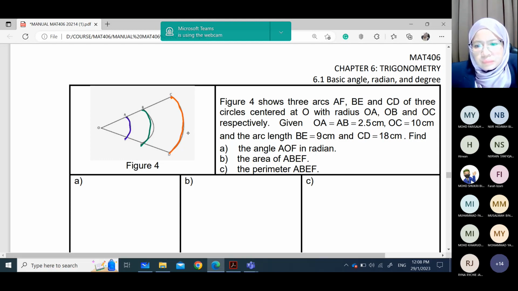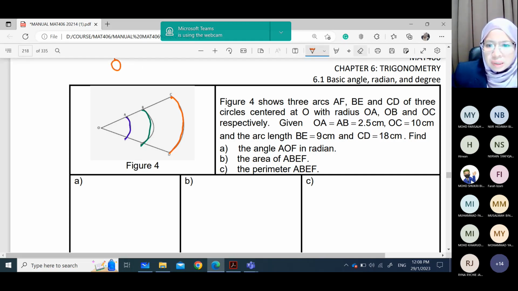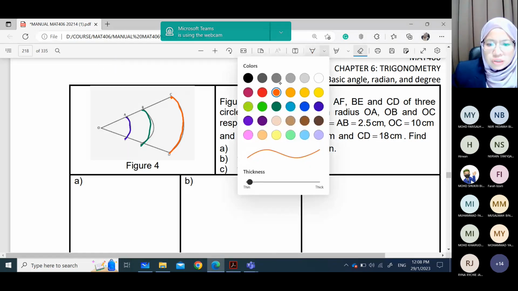Circles centered at O, with radius OA, OB and OC respectively. So this one is our center. Okay, so ini adalah radius bagi 3 circle. Kalau you perasan, ni adalah 3 circle. Color biru, tapi dia ambil a portion lah.